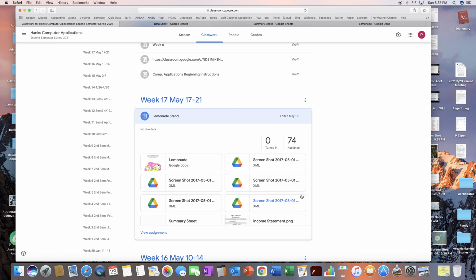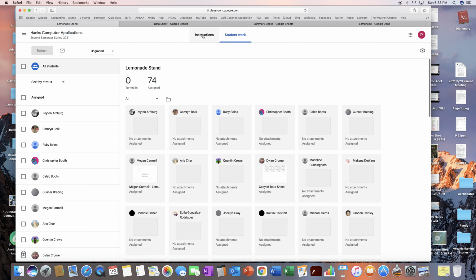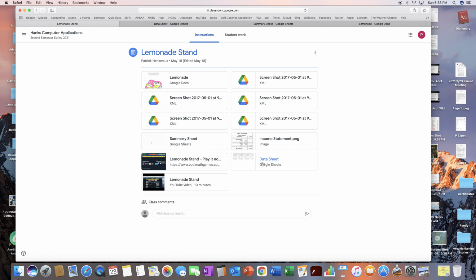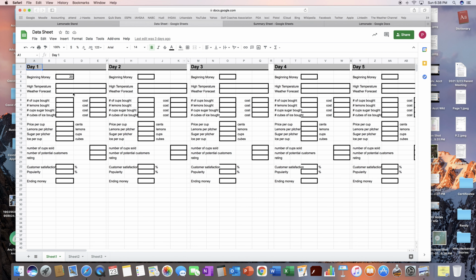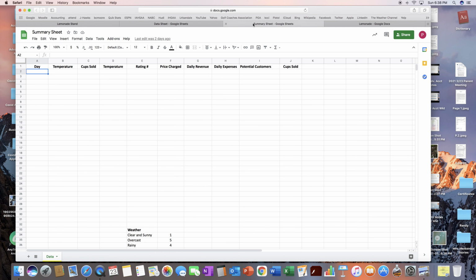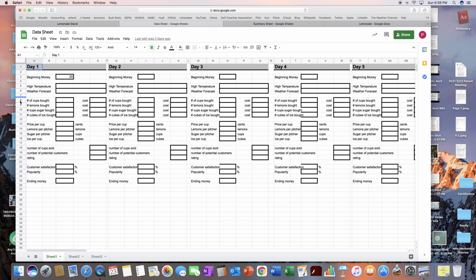Both of these are in our weekly, here with the data sheet and summary sheet. So for the summary sheet, you get the day, temperature, and cups sold, all from here. Day one, temperature, cups sold. Again, the rating is when we write the rating great, good, average, or pitiful.